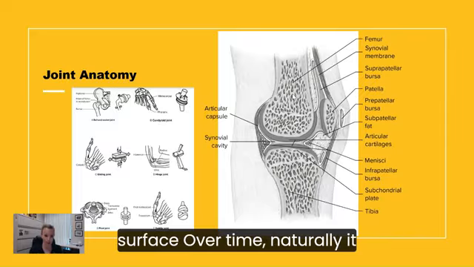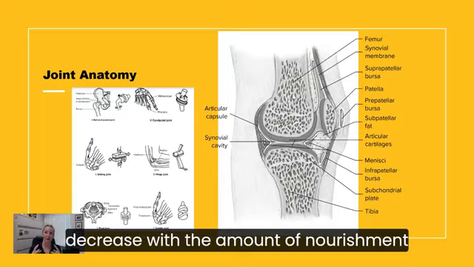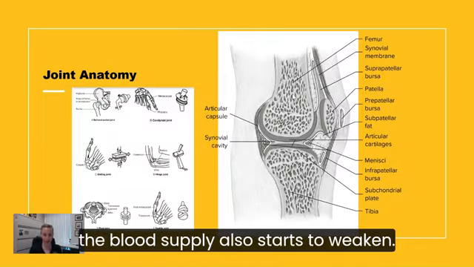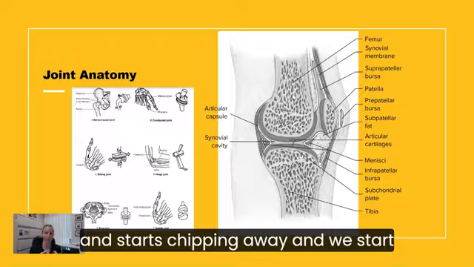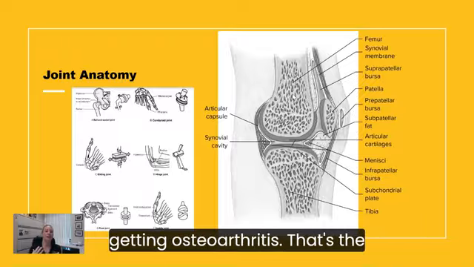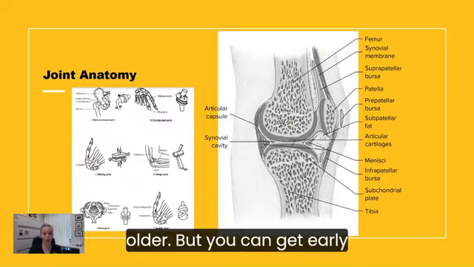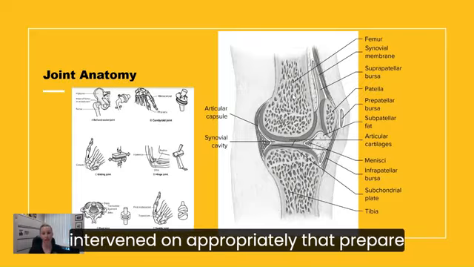Over time, naturally, it will start to decrease in hydration, decrease with the amount of nourishment it's getting from the synovial fluid, and the blood supply also starts to weaken, and then the bone starts to get brittle and starts chipping away, and we start getting osteoarthritis. That's the natural progression of life as we get older, but you can get early osteoarthritis when you have injuries, especially injuries that are not intervened on appropriately.